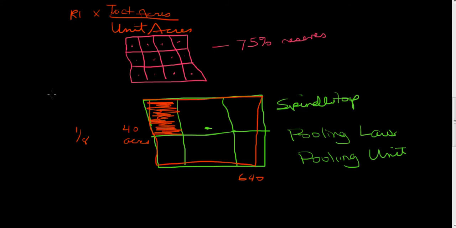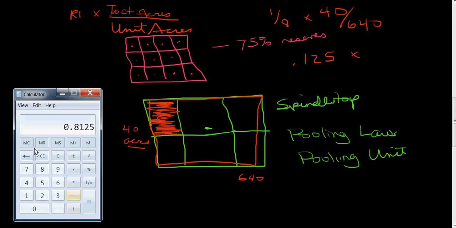So this would be a royalty interest, which is the 1/8, times the 40 acres divided by 640 acres. We know 1/8 is 0.125, and now we're multiplying that by 40 over 640. I think I know the answer, but I don't want to guess wrong. 40 divided by 640 equals 0.0625.